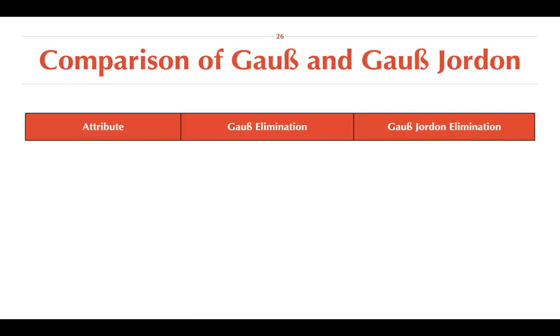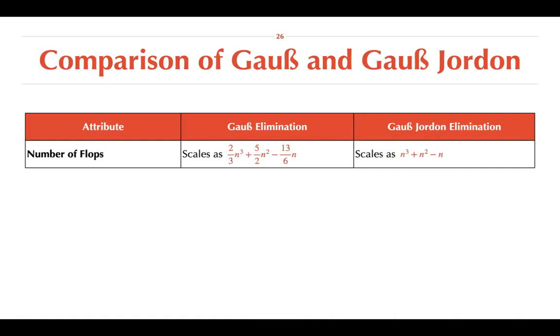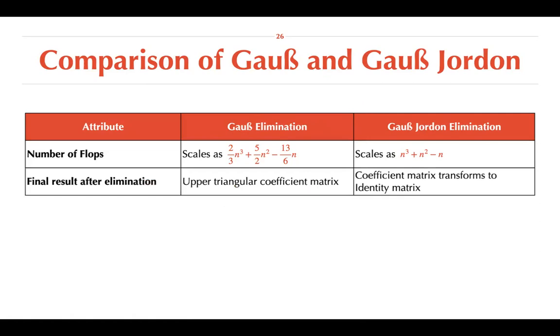Now let me make a comparison between Gauss and Gauss-Jordan elimination. The first attribute is the number of flops. Gauss elimination scales like this, and Gauss-Jordan elimination scales like this. This is pretty wasteful, because it takes about 50% more flops, so we usually use Gauss elimination.